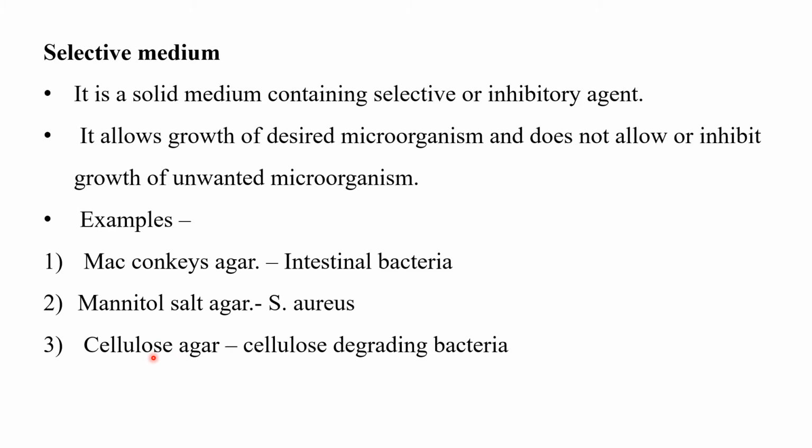Next type of the selective media is the cellulose agar, which can be used for cellulose degrading bacteria. Next example of selective media is the cetrimide agar that can be used for the cultivation of Pseudomonas aeruginosa.